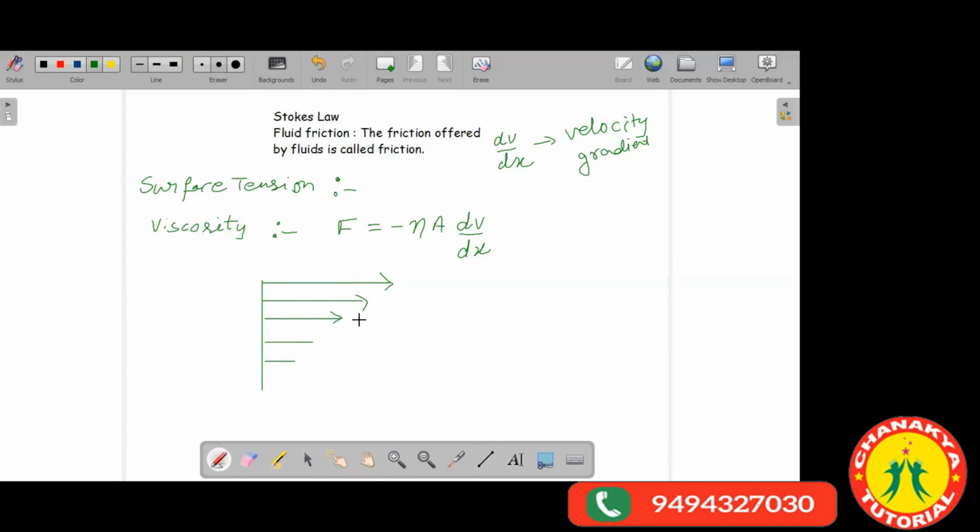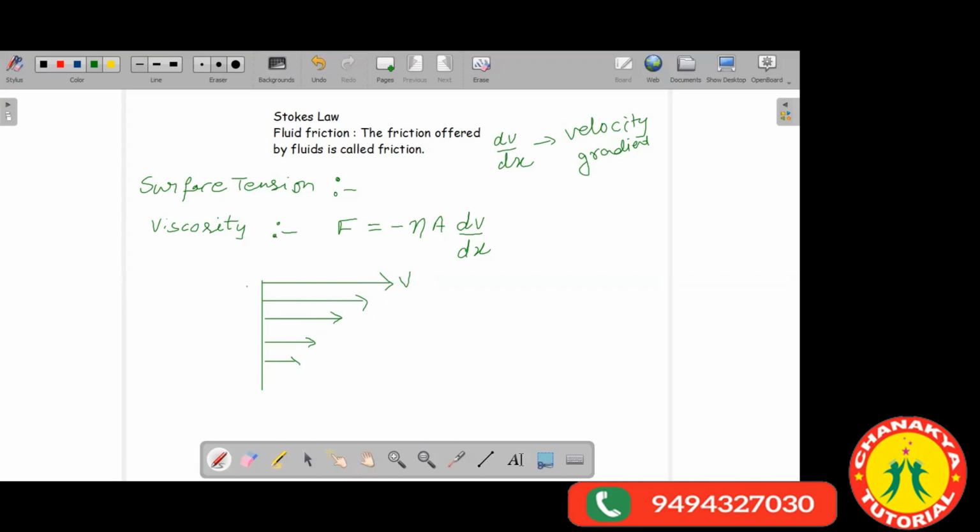In the same way, the next layer and then the next layer. So this will be velocity v, and this will be a velocity something less than this, and this something less than that.